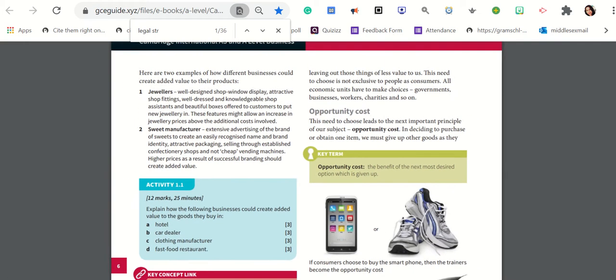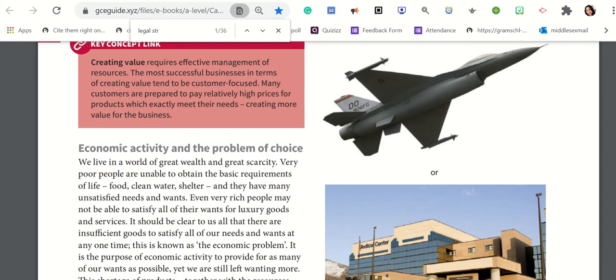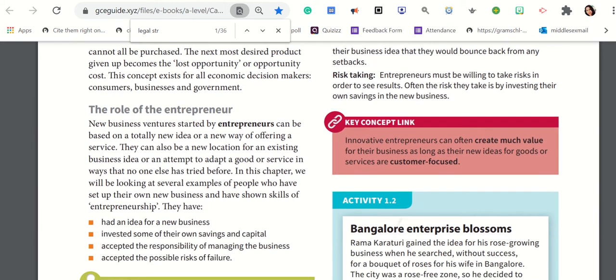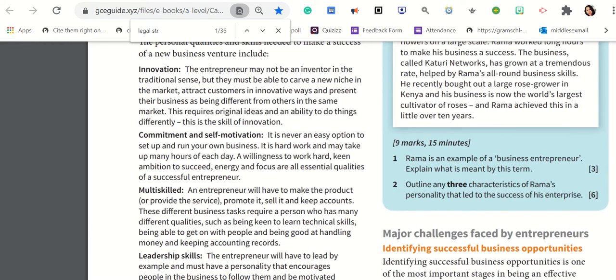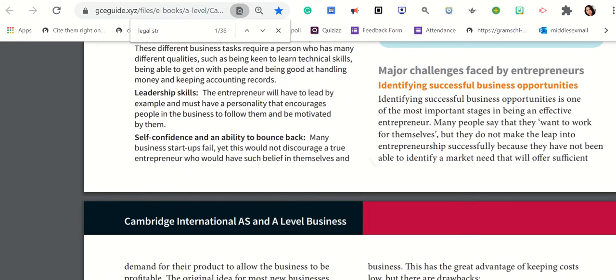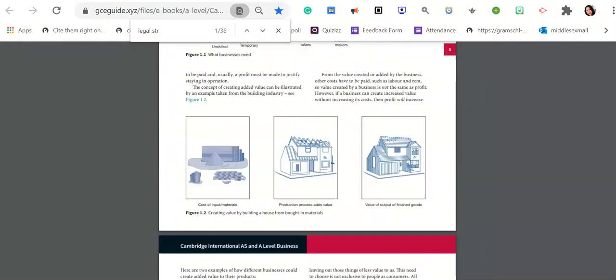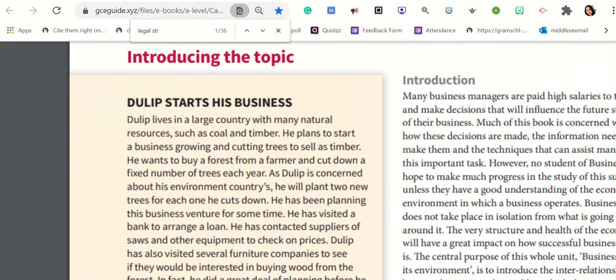Opportunity cost, economic activity, problem of choice, entrepreneur. Right. Now let's move into the main topic. And we are moving into the introduction to the topic.